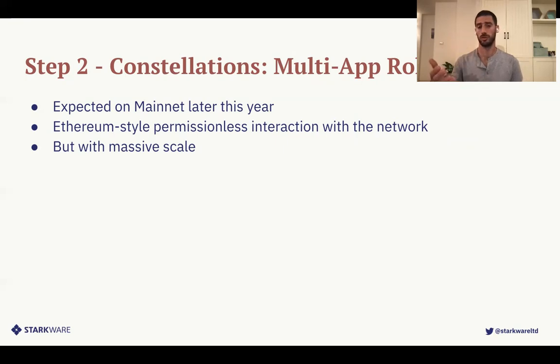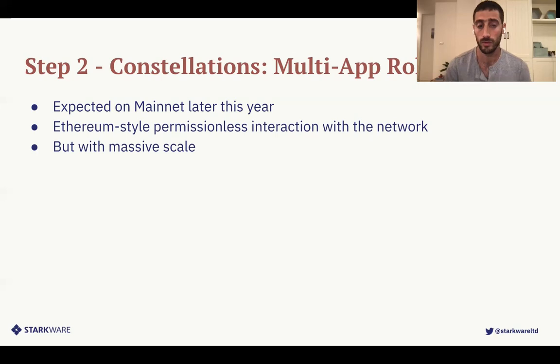You deploy contracts that can interact with each other. Users interact with the system with transactions. Users will be able to sign either with very efficient Stark signatures or with Ethereum signatures.